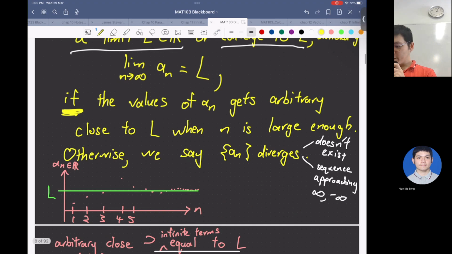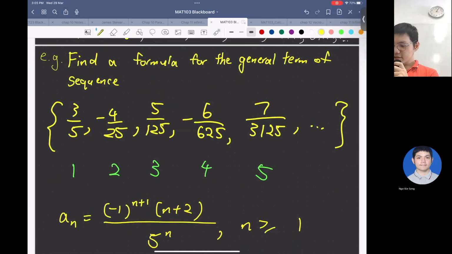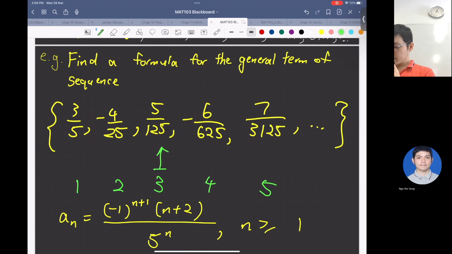Remember this picture here. I input 1, you give me one number. Input 2, you give me another number. Input 3, you give me a number. So you can think of it as a function. Let me draw more stuff here. As a function from natural numbers to reals. So you can think of a sequence as a function from natural numbers to reals.